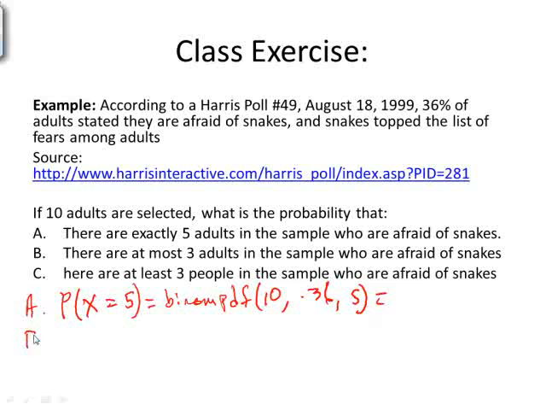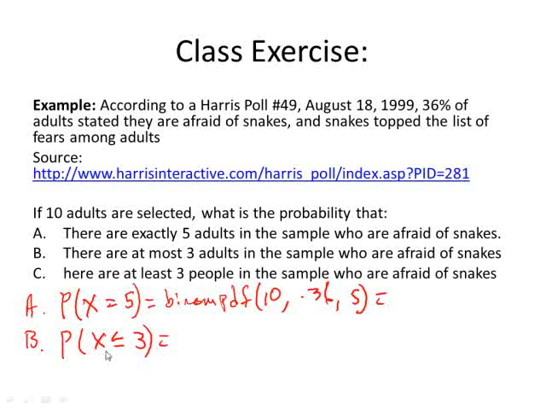How about part B? There are at most 3 adults in the sample who are afraid of snakes. So how am I going to write this using random variable notation? P of X less than or equal to 3. So am I going to choose binom PDF or binom CDF?